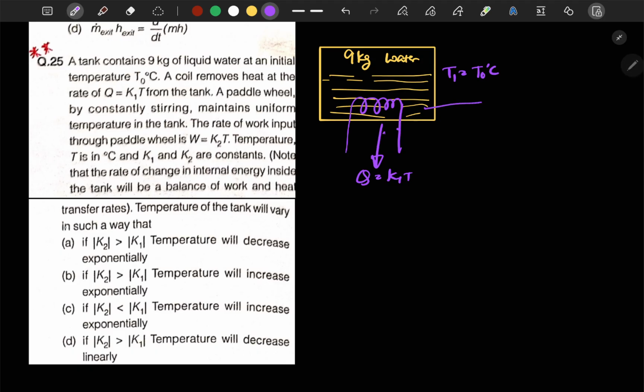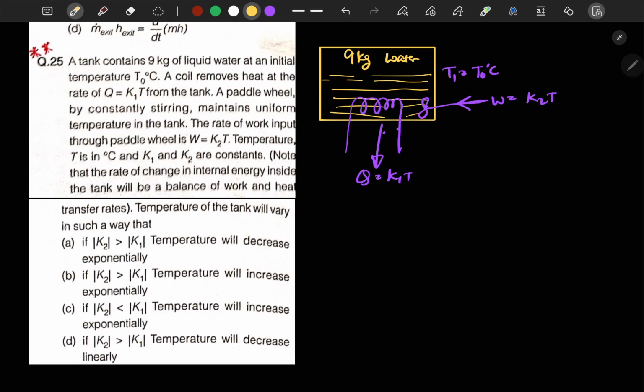With its help we infuse work at the rate of K2 T.